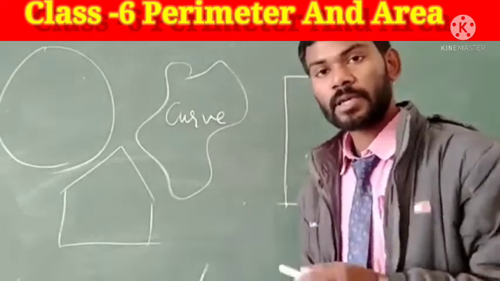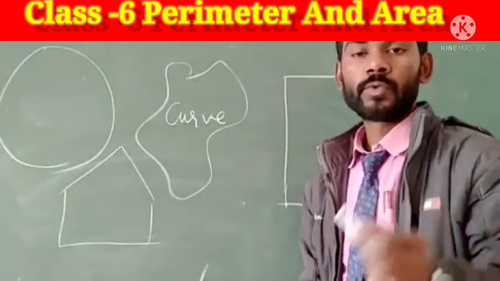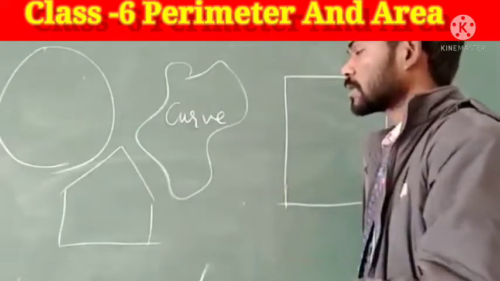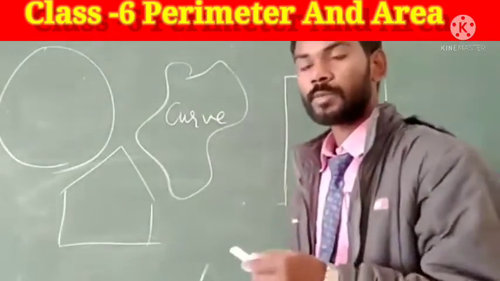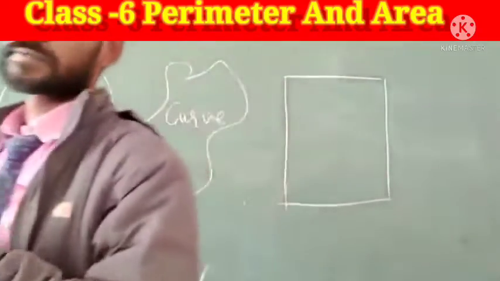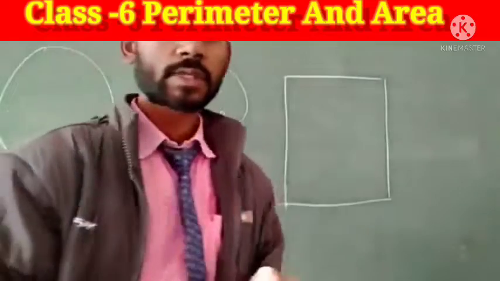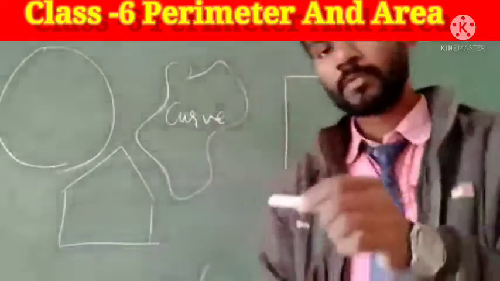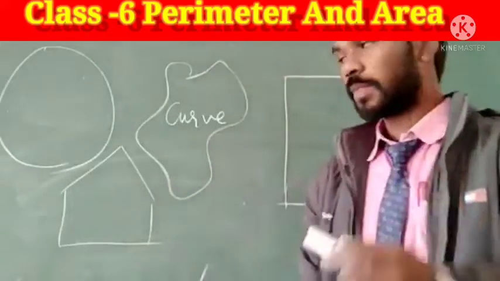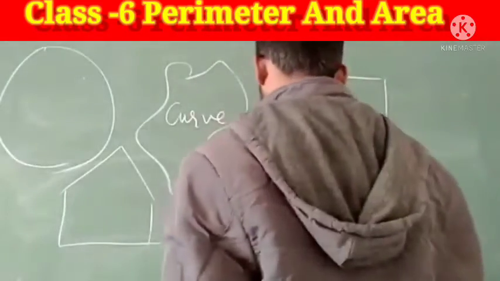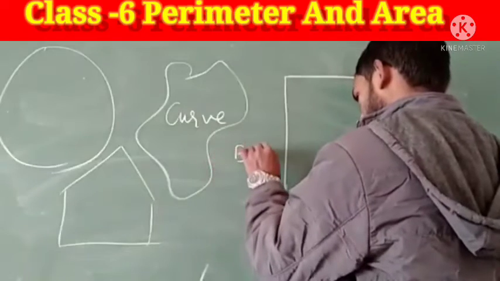And the figures which are closed with these line segments and curves are called closed curves or closed figures. And the lines through which they are closed are known as the boundary.